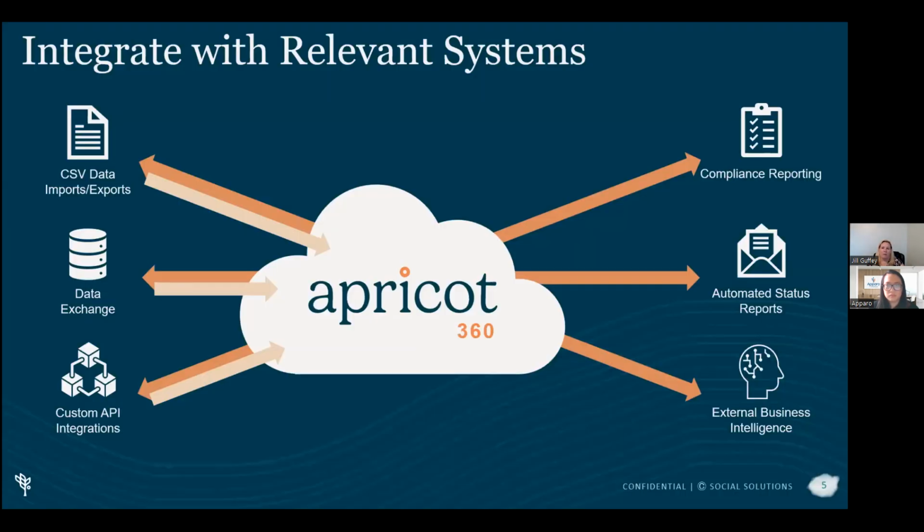With our comprehensive solution, you are able to make all of those exchanges with the other systems that are required of you from a funder perspective, but also from a productivity perspective as well.